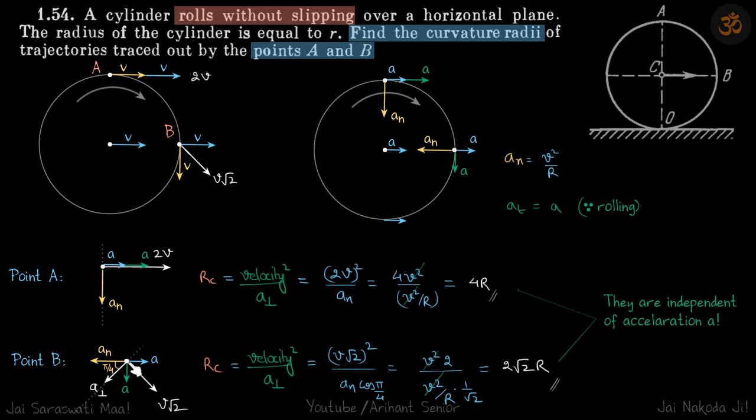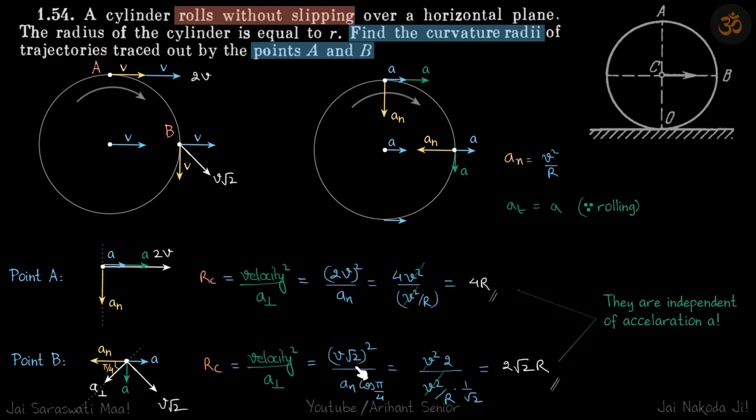You can see that these two are symmetric across this, so their components will get cancelled. Along this line, we will be left only with an cos pi by 4. So that is a perpendicular.